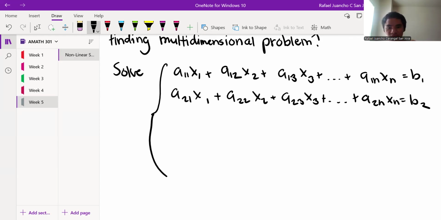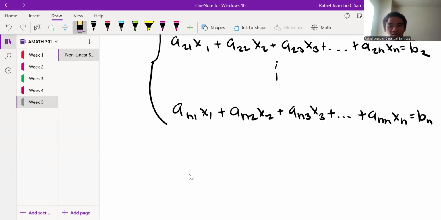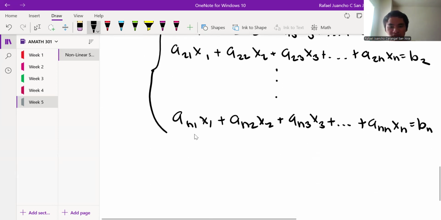And then we basically keep on doing that until we reach n. n2 x2, n3 x3, n, n x n. So it's an n by n matrix. So we want to solve something like that.